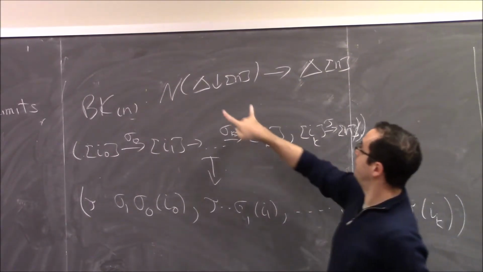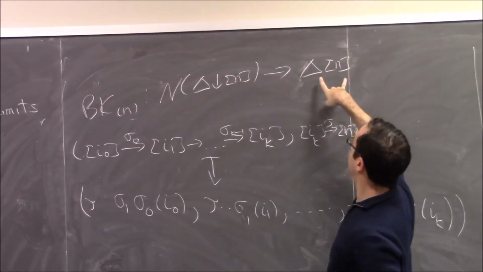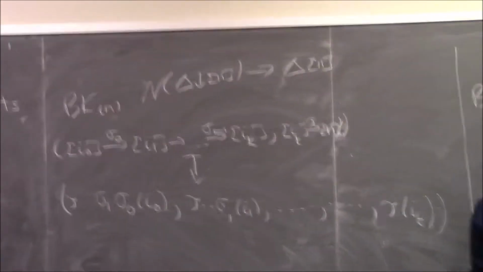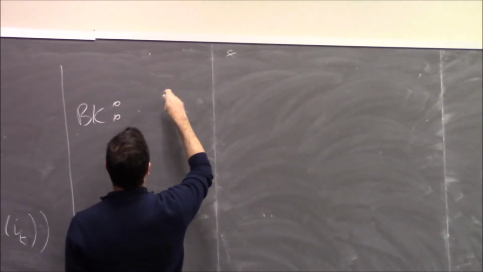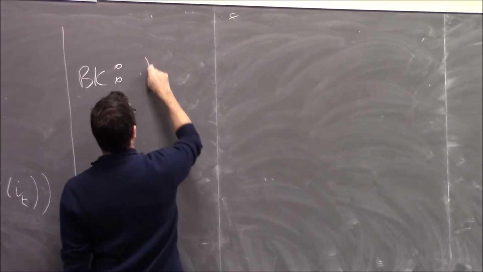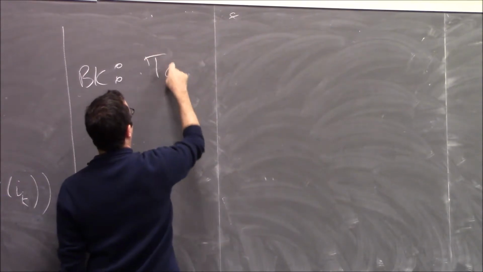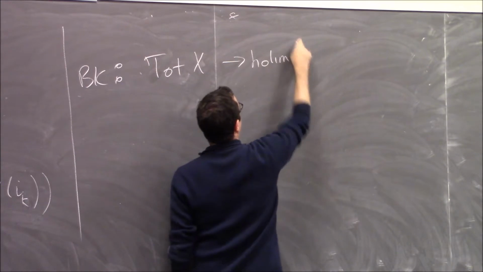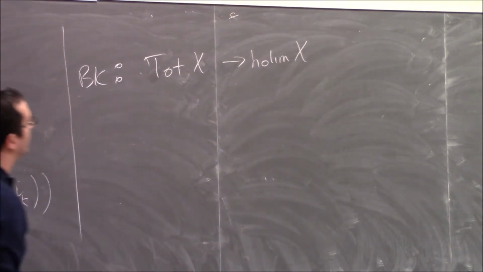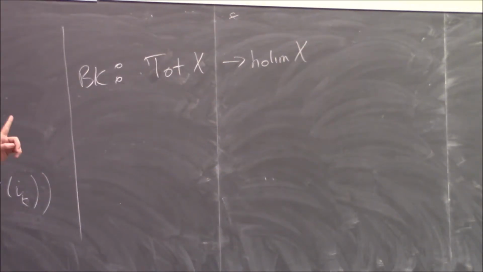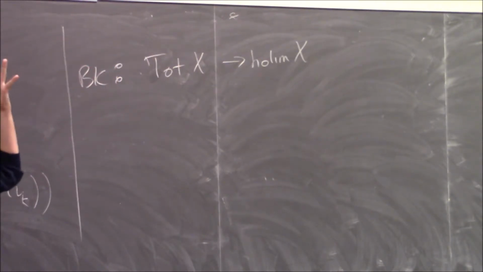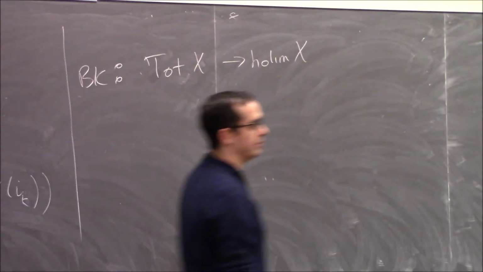So this went from the nerve to the standard cosimplicial simplex, and so the induced map is going to go the opposite way. We're sort of pulling back our maps.